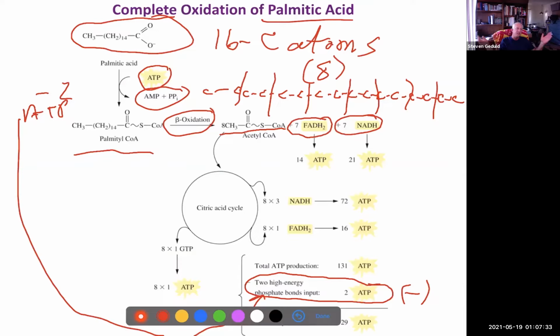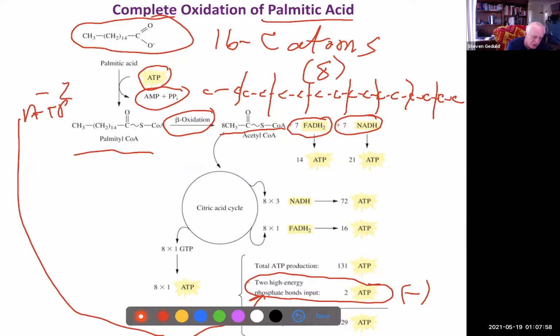If you had 18, you're going to have 8 bonds being broken. Okay. If you had 20, you're going to have 9 bonds being broken. Okay, because it has to cleave in sets of 2.